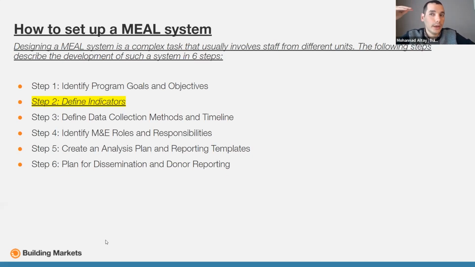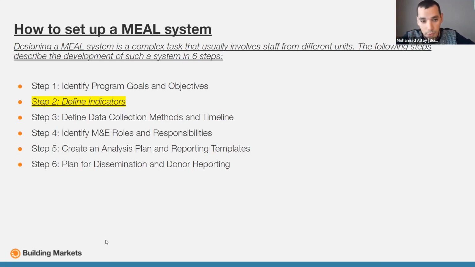You should have a clear cadence and frequency plan. And of course, define the methods and tools you want to use to collect the data on each service. Do you want to use analog or digital tools? Will you use surveys? Will you use focus group discussions?